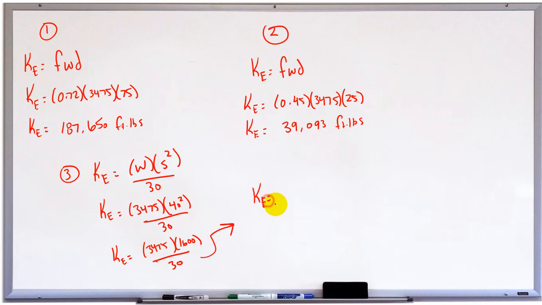Once we multiply 3475 by 1600, we're going to have 5,560,000 divided by 30. And once we divide that number by 30, we're going to have a kinetic energy value of 185,333 foot-pounds. So now I've figured out how much I spent at all three stores.